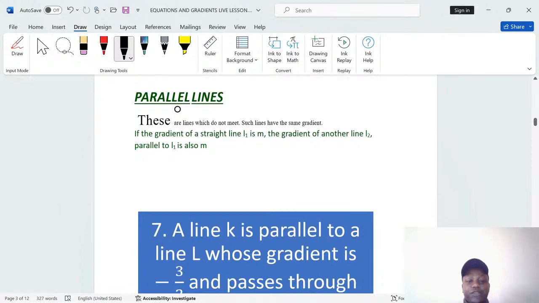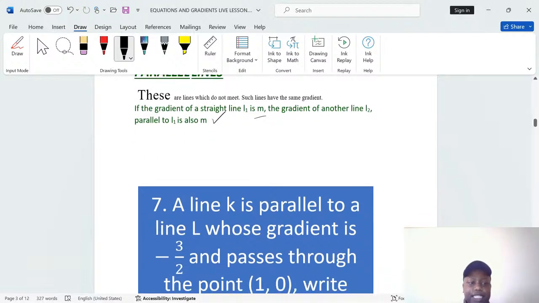If the gradient of a line L1 is m, then the gradient of another line L2 parallel to line 1 is also m. So that is something to be noted. If a line has a particular gradient, then another line parallel to the first one should have the same gradient.